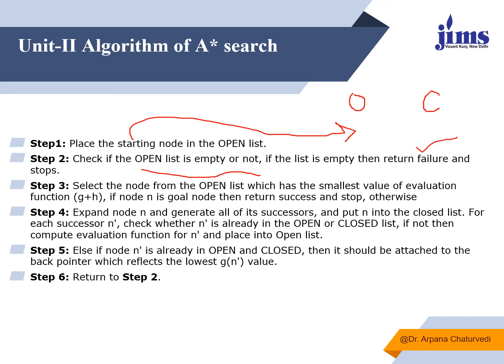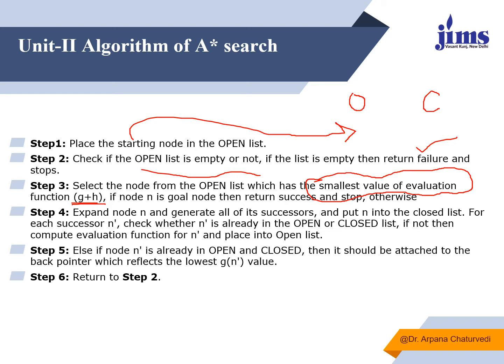Otherwise we select the node from the open list which has the smallest value. The open list has many nodes, and we pick the one with the smallest value of the evaluation function, that is g plus h, and if node n is the goal node then we return success.